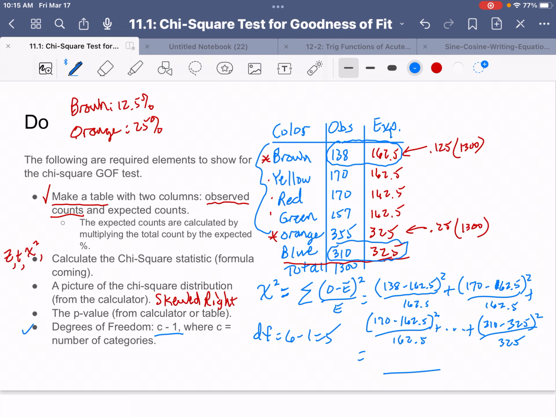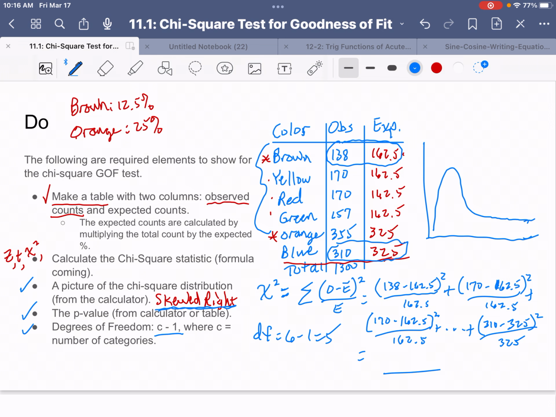Now, we're going to get the p-value from the calculator, and we're going to draw a picture of a chi-square distribution. Well, chi-square distributions are always skewed to the right. So whenever you're doing a chi-squared test for goodness of fit, just draw an x and a y-axis, and then draw a little curve that's skewed to the right like that, and that'll be perfectly fine.